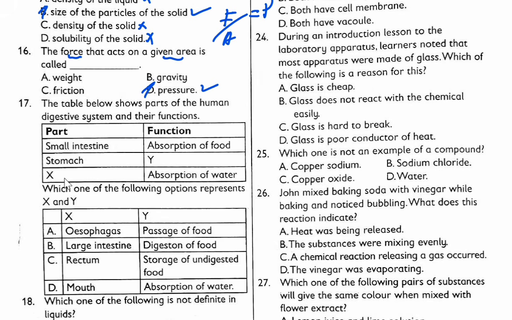You know that absorption of water takes place in the large intestine. So we look for large intestine. Esophagus is wrong. Rectum is not true. Even mouth is not true, because in the mouth is where we have digestion of starch. Therefore we have B, large intestine, absorption of water, and the function of the stomach is digestion of food. Therefore this is true. That is the answer to question number 17.